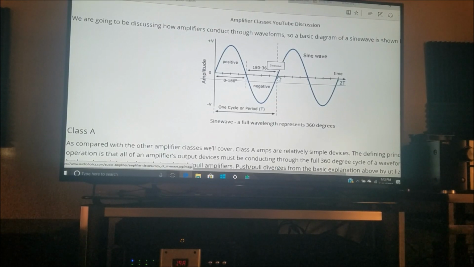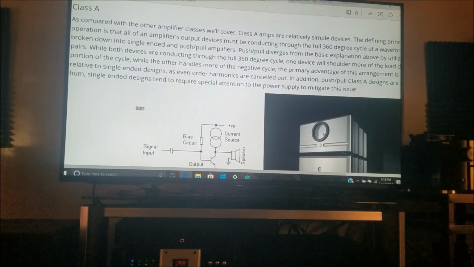So if we get an idea of a sine wave, and we see that right around this point is 360 degrees, once we've gone from 0 to 360 degrees, a Class A amplifier is conducting all throughout that cycle. Class A amplifiers were technically the first design to exist, and they're a simple design, as opposed to other classes like AB and B, which technically require two connected devices in the circuit, and each one of them handles half of the waveform, whereas generally the Class A just uses a single device, hence it's single-ended.